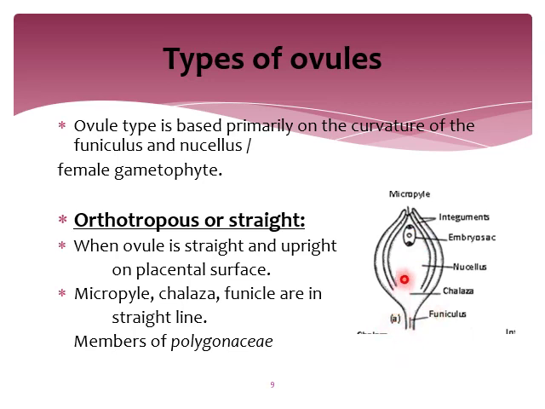In this case, micropyle, chalaza and funicle are in a straight line. Such type of ovule is known as orthotropous or straight ovule. Such type of ovules are found in the members of Polygonaceae.